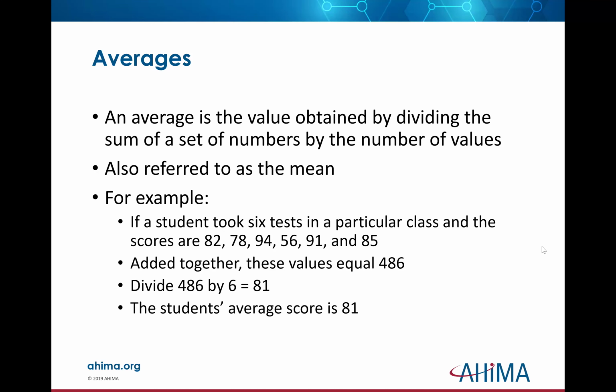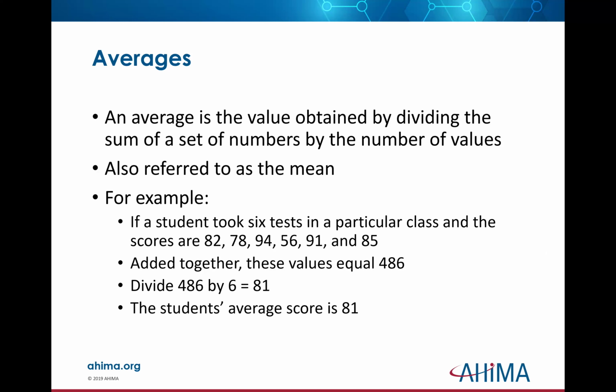An average is a measure of central tendency. And it's basically the number that's obtained by dividing the sum of a set of numbers by the number of values, or as some people say, observations. It's the same thing as the mean.